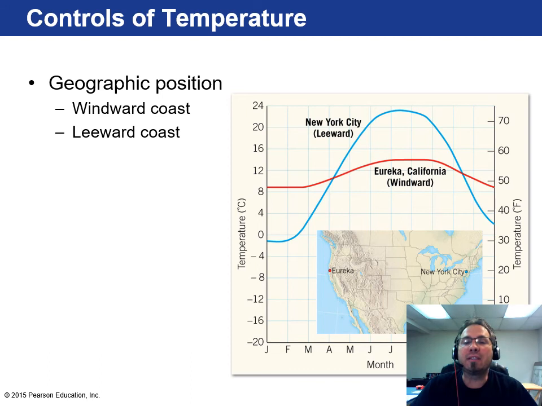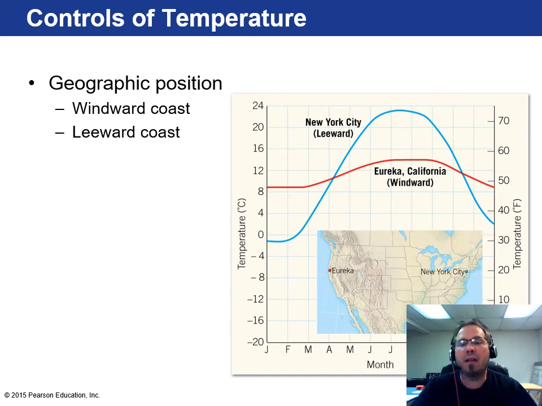And you can see the big swings again. The ocean plays a huge role in moderating temperatures. So Eureka, California gets pretty much the same temperatures all year long. They have a little bit of variation, but essentially the same temperatures all year long because the ocean is moderating it for them.